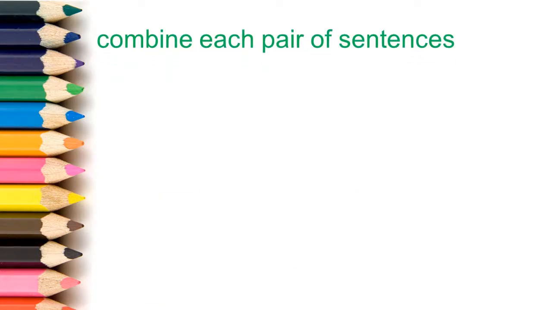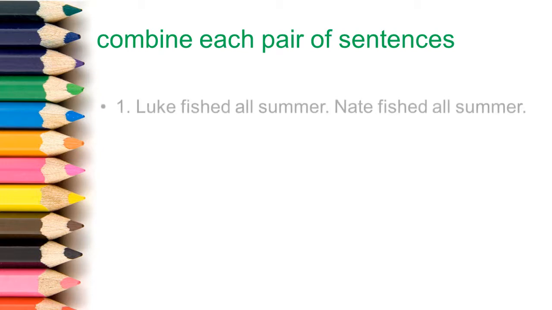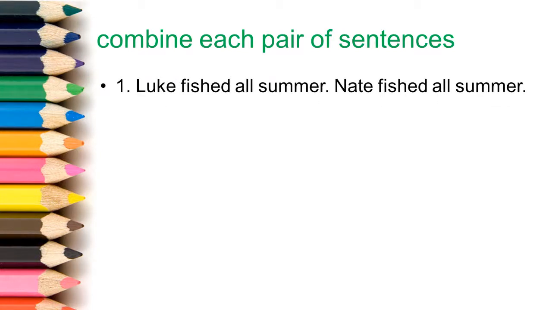Let's combine each pair of sentences. The first sentence, Luke fished all summer. Nate fished all summer. In this sentence, we have the same verb, fished, or we have the same predicate, which is fished all summer. And in the second sentence, fished all summer. So who fished all summer?